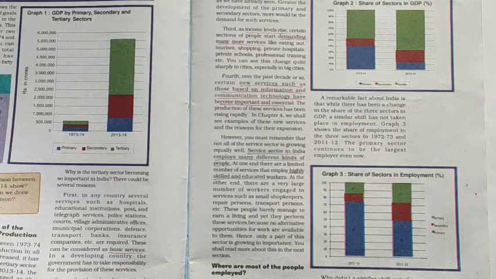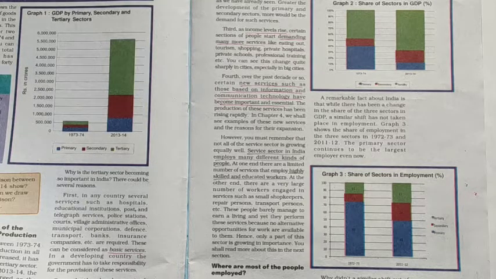So, why didn't a similar shift out of the primary sector happen in the case of employment? That too in those 4 decades of time. It is because not enough jobs were created in the secondary and tertiary sectors. One of the reasons for the tertiary sector having fewer employees is that they require highly skilled and educated workers.